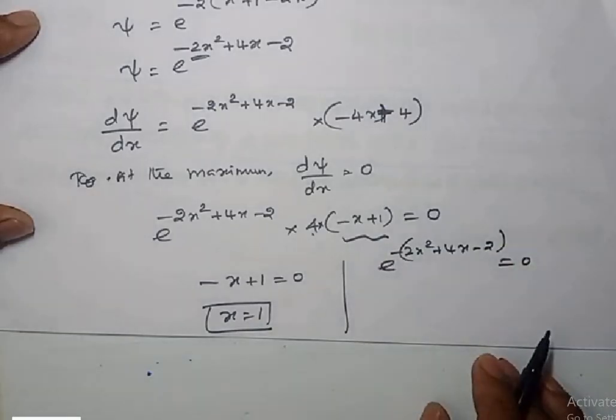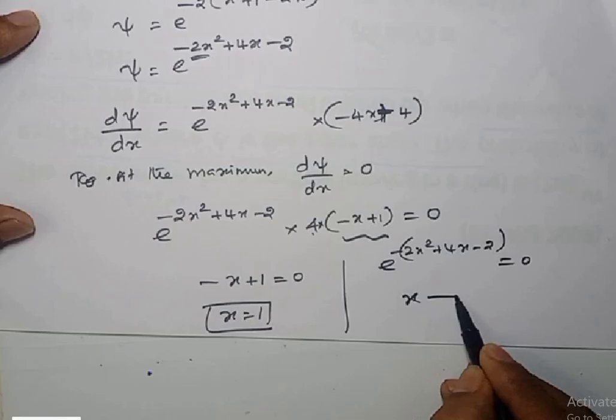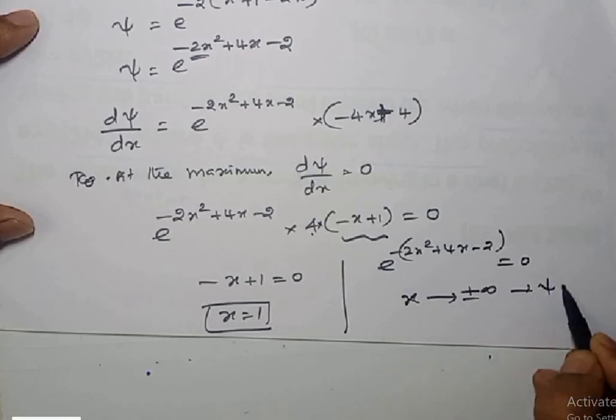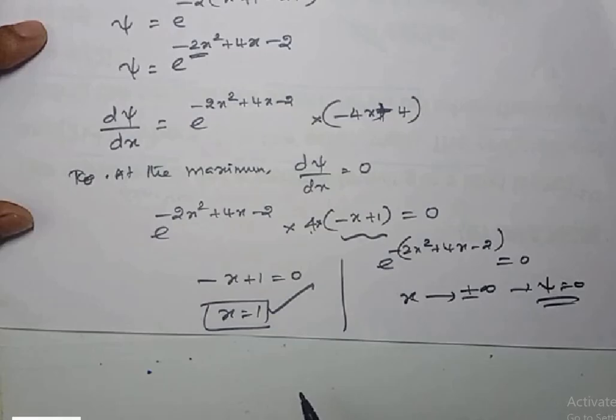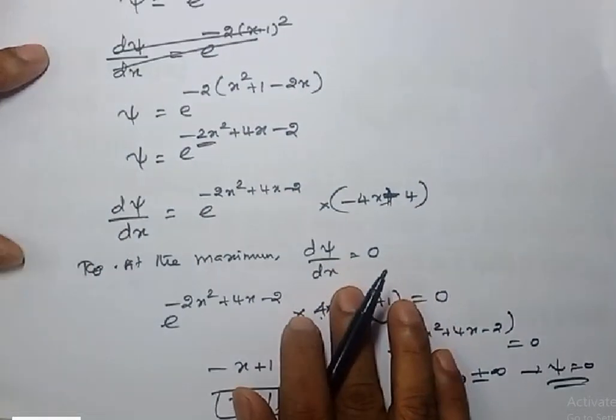And you know very well, when x approaches plus infinity or minus infinity, wave function becomes 0. So maximum is not possible there. Therefore, maximum is possible only at x equal to 1.